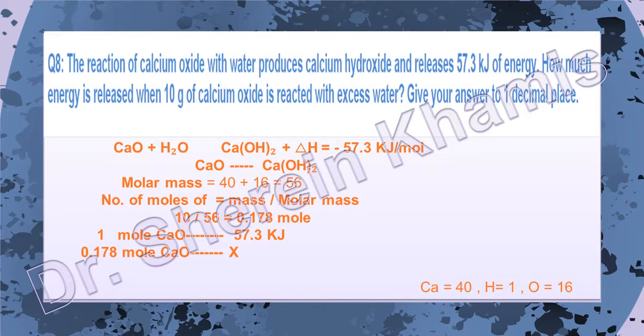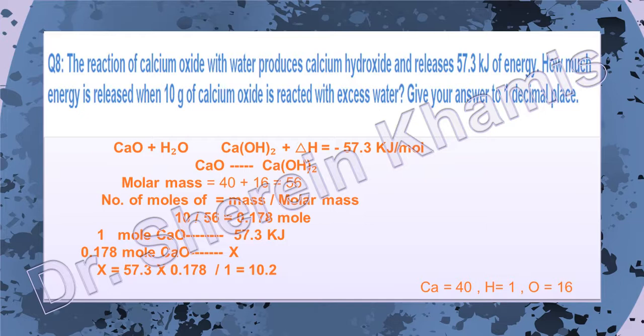We want to get the energy released from this number of moles, so we will make a cross multiplication. X equals 57.3 kilojoules times 0.178 divided by 1.